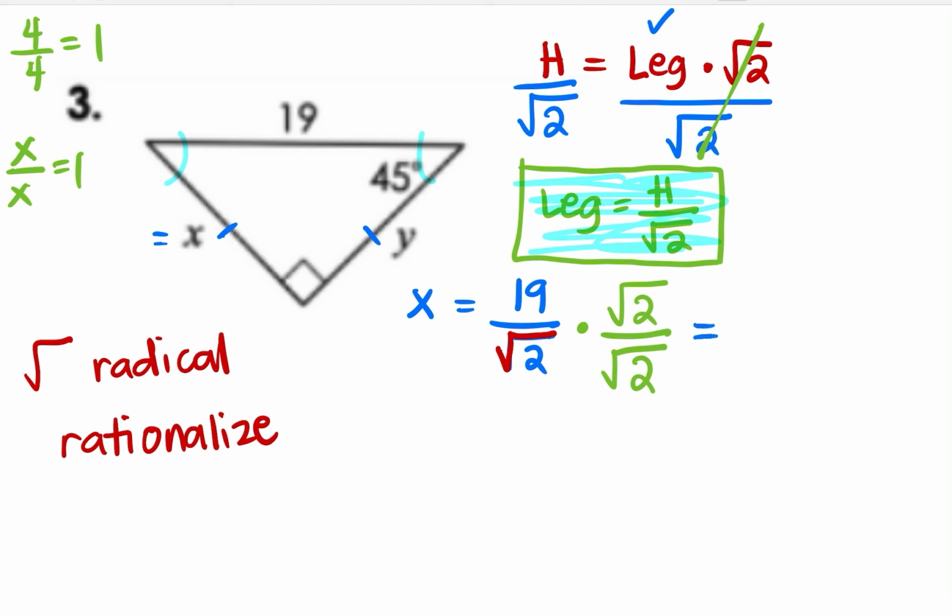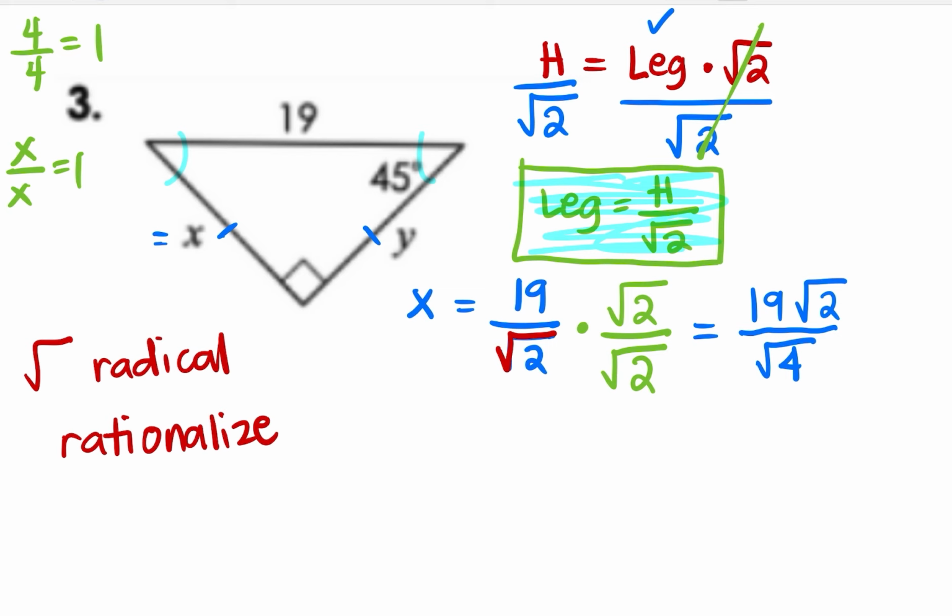I will have 19 square root of 2. We can't combine these two. We're just going to bring over 19. We bring over square root of 2 just like a variable. The bottom, or the denominator, is going to be square root of 4. Now, that square root of 4 can be simplified.